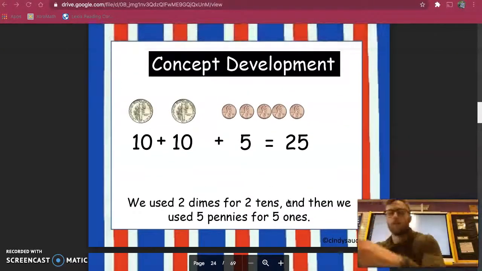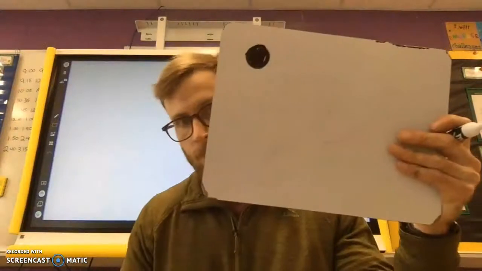Let me get a bigger screen so you can see me a little bit better. So say this equals a dime, the colored in circle, and a non-colored in circle equals a penny. Okay?